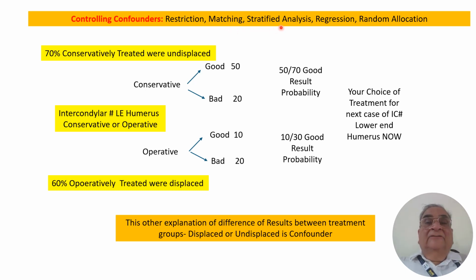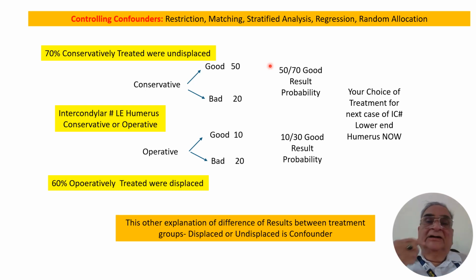Then the third thing that we can do is that we can analyze the relation between good and bad results and conservative and operative treatment in the undisplaced fractures separately and in the displaced fractures separately. So there are two strata, undisplaced fractures where we have made a 2 by 2 table associating conservative and operative treatment to good and bad results. And there is another 2 by 2 table for the displaced fractures.